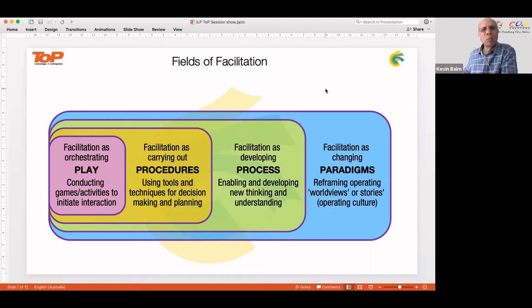And then, of course, that widest field, facilitating reframing changes in the operating narratives, which then influences how people think, talk, what decisions they make, how they act on their decisions, and ultimately how they change or transform their situations. Okay? So that's a quick introduction to where ToP comes from. I'm going to ask David to take us very quickly through a program that we have constructed from which a lot of us ToP practitioners operate out of. Over to you, David.